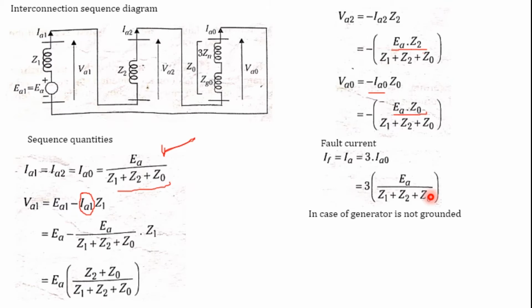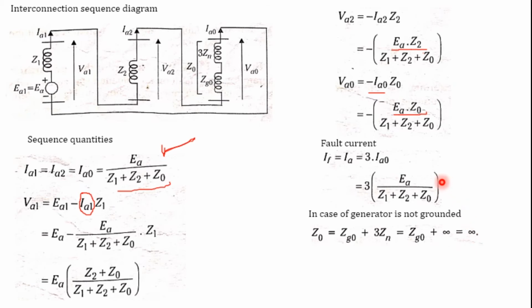Let's consider this with the help of this equation. In the case of the generator, if it is not grounded, we know that Z naught is equal to Zg naught plus 3Zn. If it is not grounded, this tends to become infinite. The value Zg naught is very small compared to infinity, so it becomes infinite.